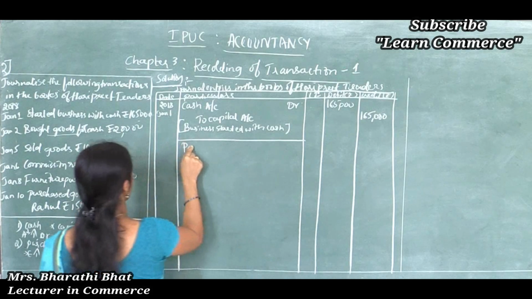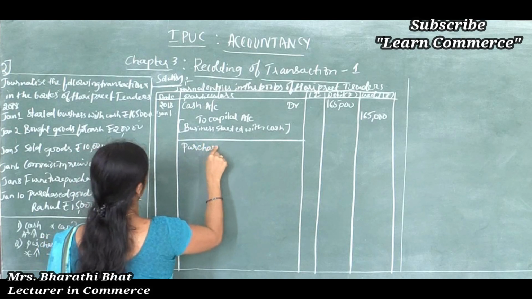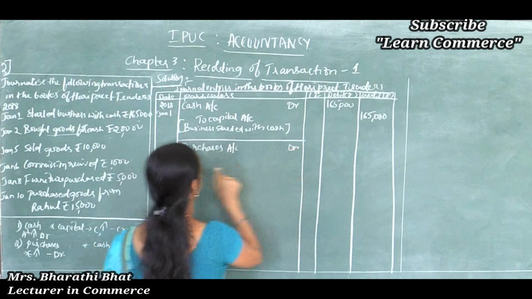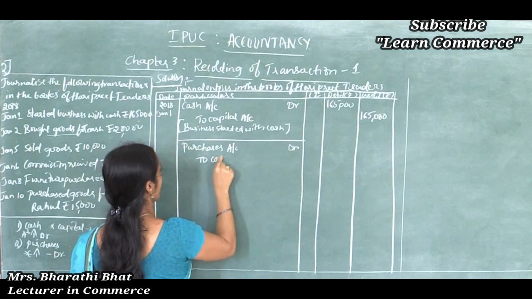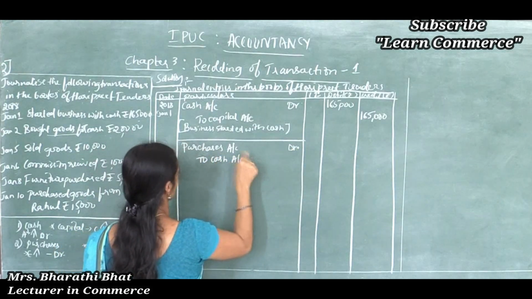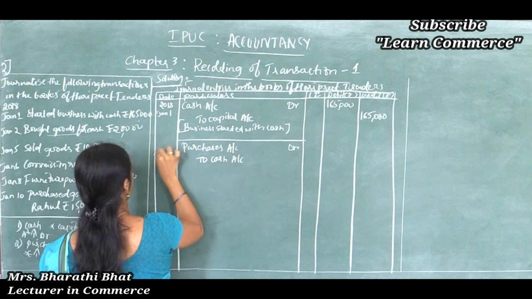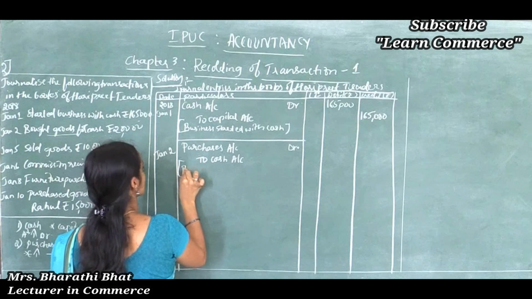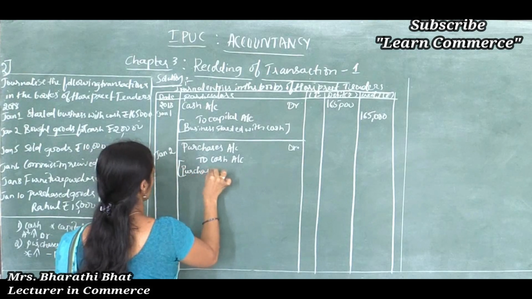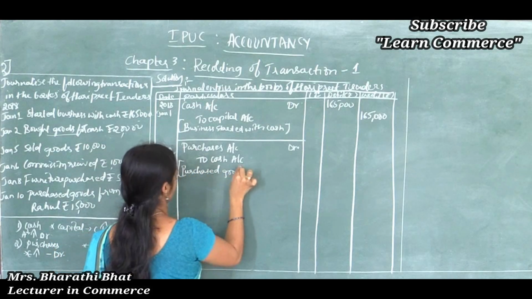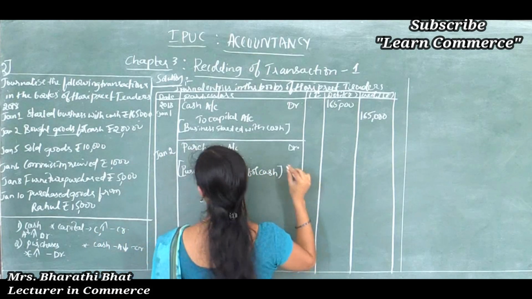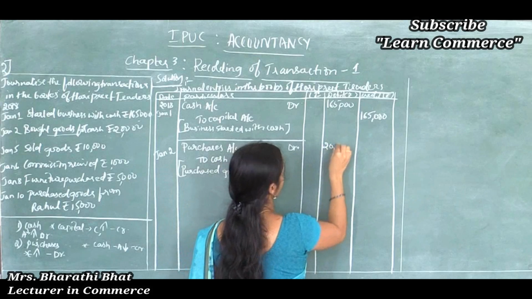So purchases account debited to cash account. January 2nd. Narration: purchased goods for cash, costing rupees 20,000.